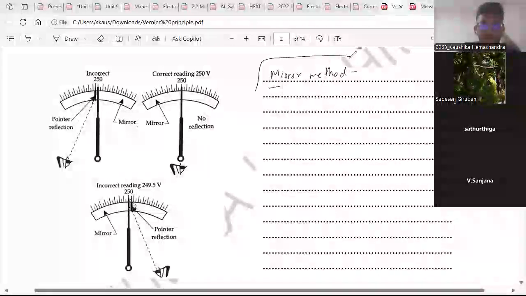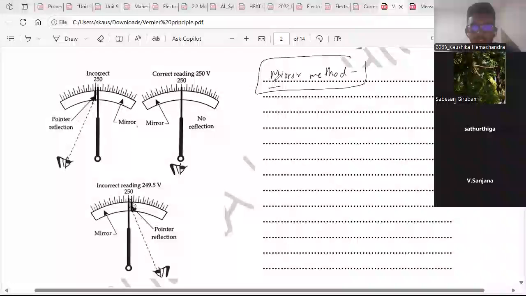So you can write down here, mirror method: the readings are taken when the mirror image of the indicator is covered by the indicator.